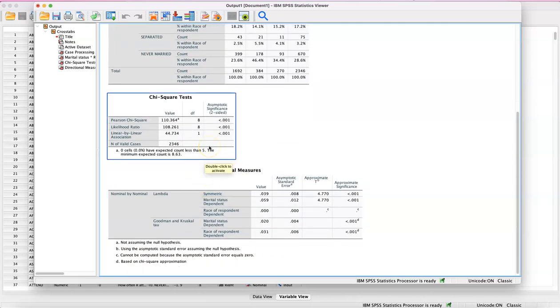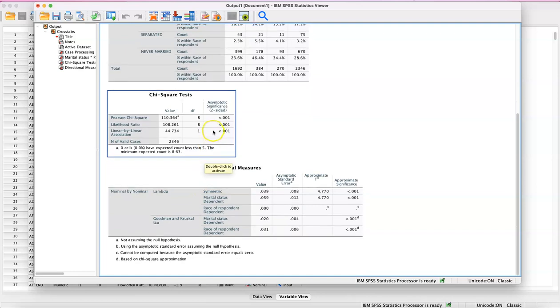We can check the table later, but the Pearson chi-square is 110, and the p-value is below 0.05, which means there is a statistically significant association between the independent variable and dependent variable, race and marital status.